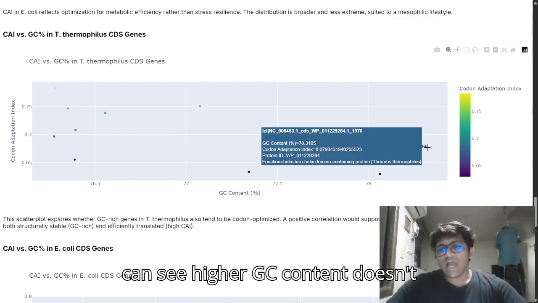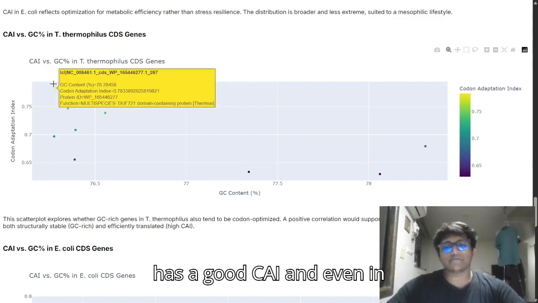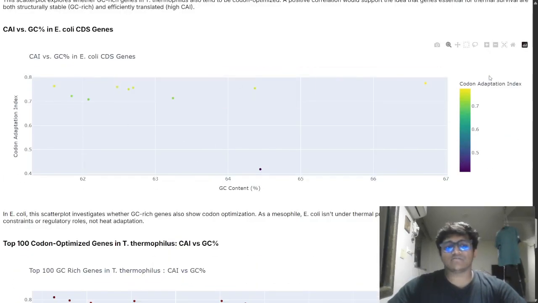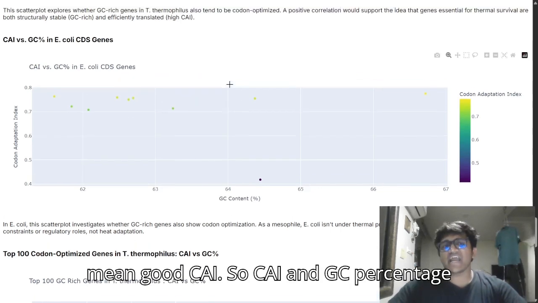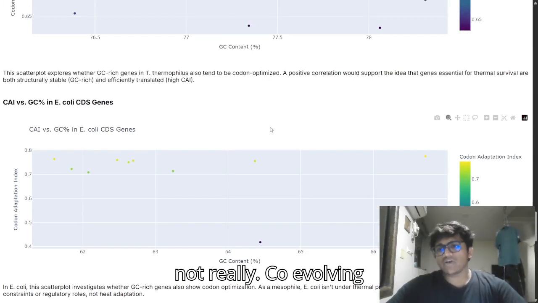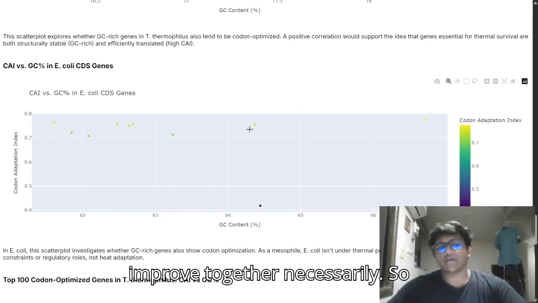As you can see, higher GC content doesn't necessarily mean a good CAI. Even in E. coli, a higher GC doesn't necessarily mean a good CAI. So CAI and GC percentage can be seen together, but they are not really co-evolving parameters. They don't necessarily improve together.